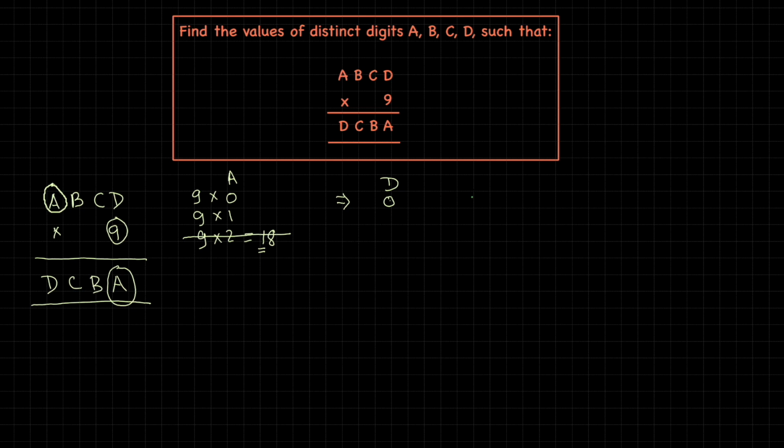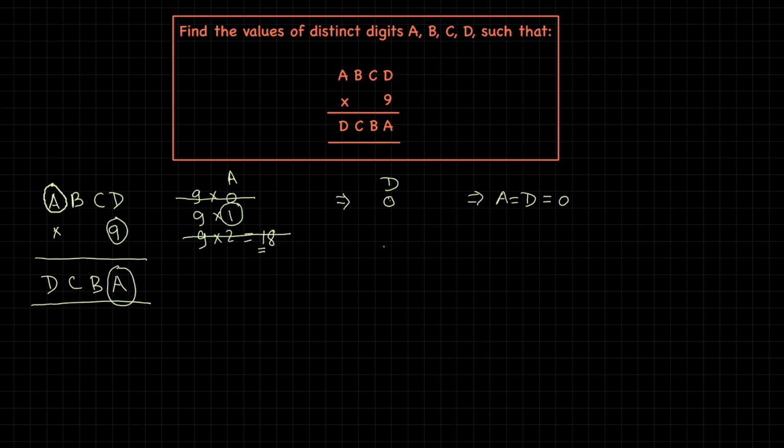Now this leads to a contradiction because D and A are both 0 in this case. And as the problem tells us, A and D are distinct digits. So D being 0 is not possible, and that implies that A being 0 is also not possible. The only possibility left for A then is a 1.